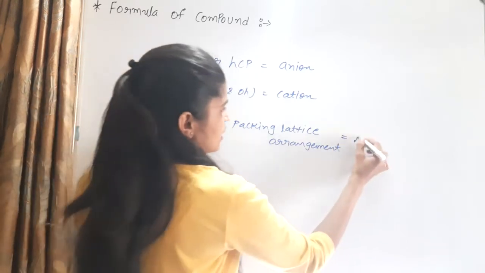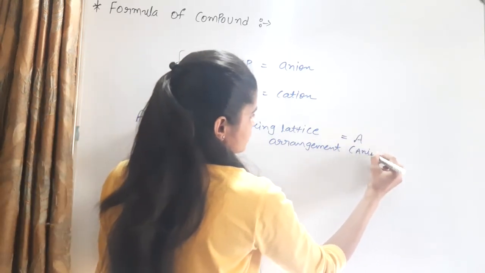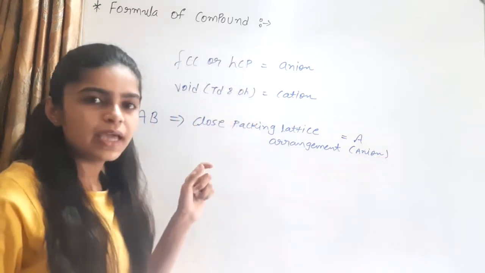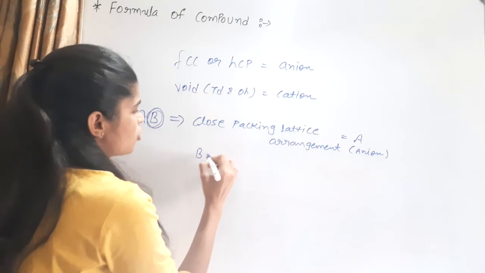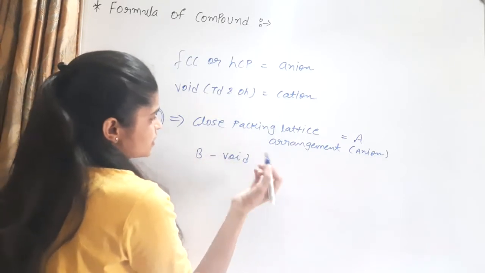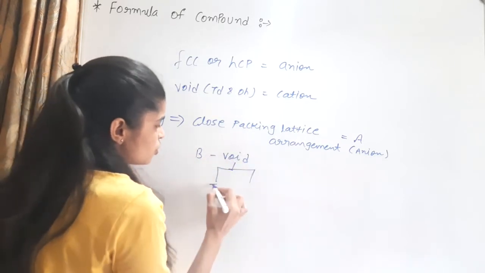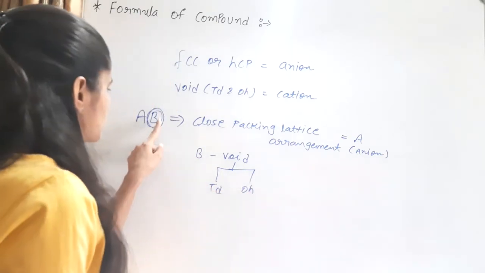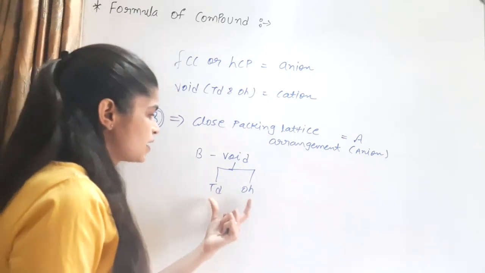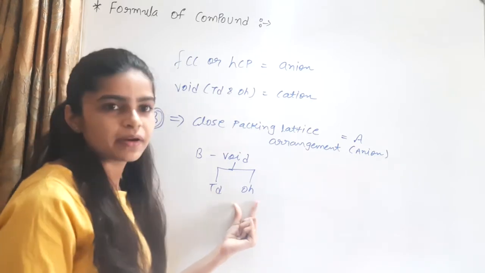A is the anion. And B adopts the voids. The voids are divided into two, tetrahedral and octahedral. So which arrangement does B adopt, octahedral or tetrahedral?